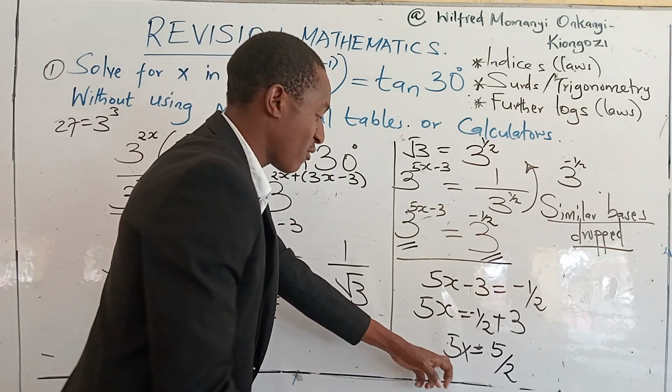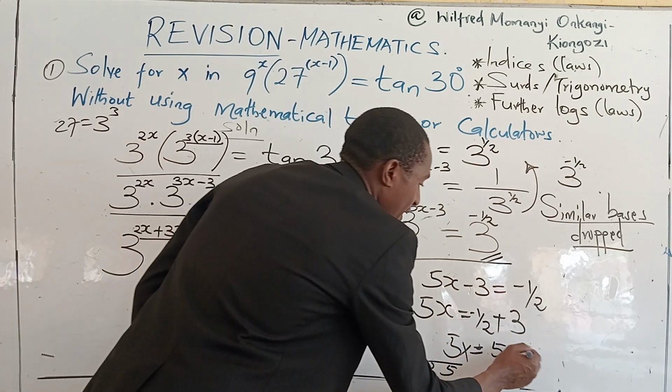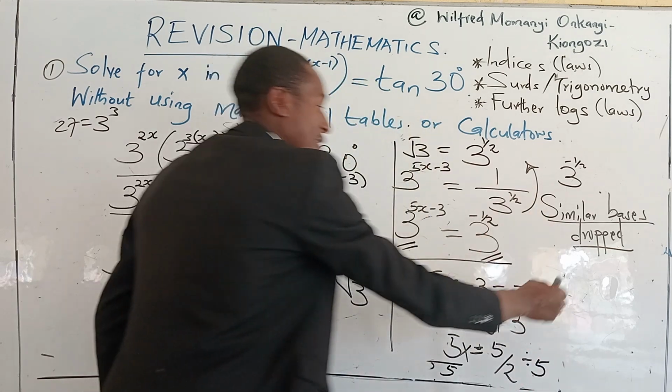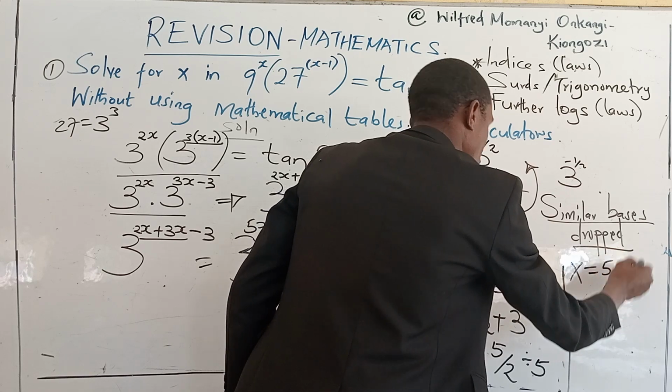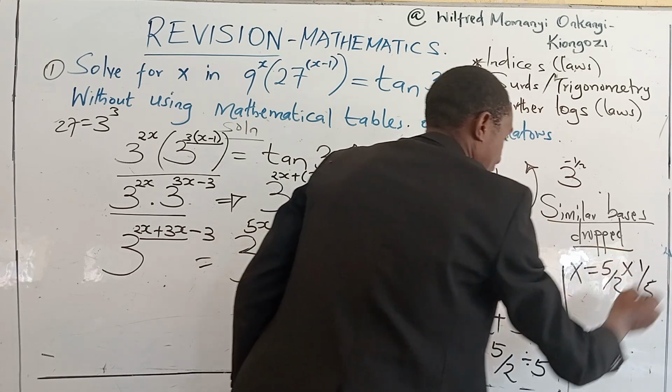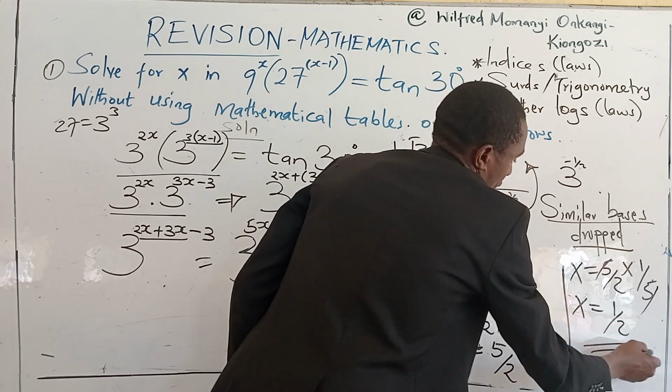So our 5x is equal to 5 over 2. You can divide by 5 on both sides. So you get x is equal to 5/2 times 1/5. So x is equal to 1/2.